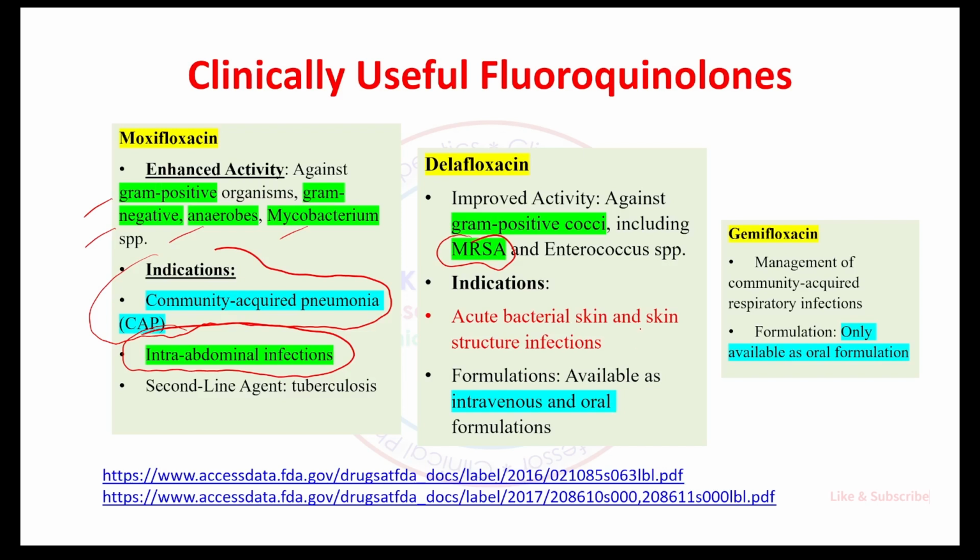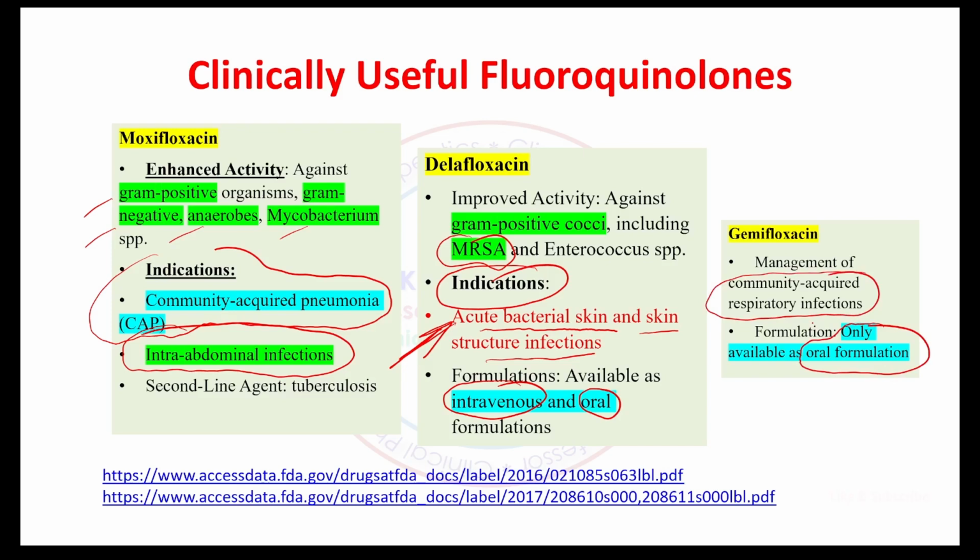The main clinical use is for acute bacterial skin and skin structure infections, available oral and intravenous. Gemifloxacin, again, we use for community-acquired pneumonia, and this medication is available only in an oral formulation.